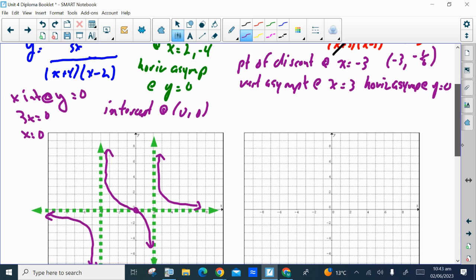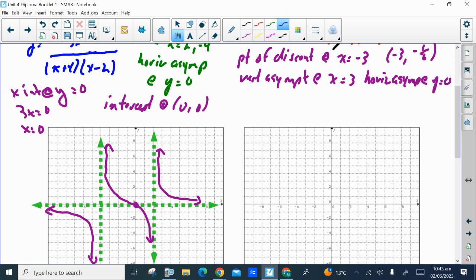So I've got a point of discontinuity at the point (-3, -1/6), so that's just below the x-axis. I have a horizontal asymptote on the x-axis, and a vertical asymptote at x equals 3.